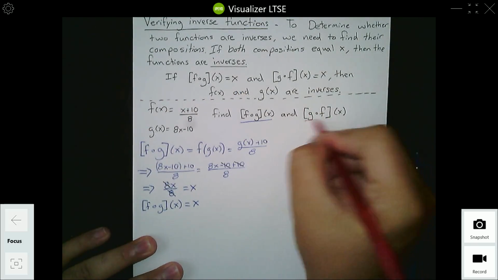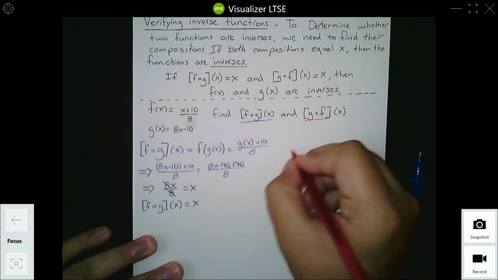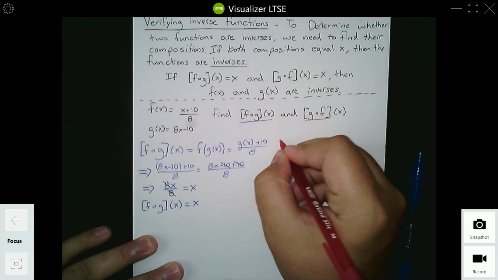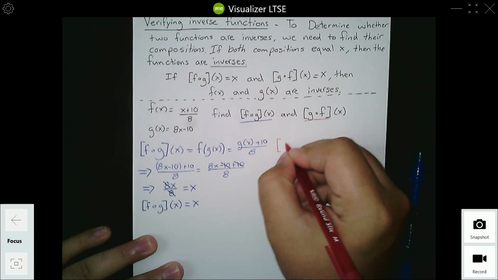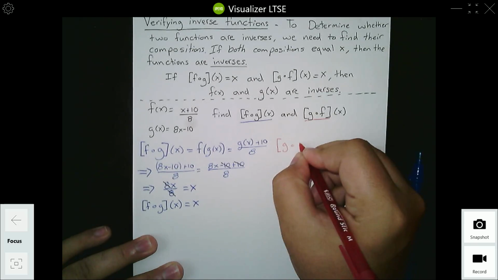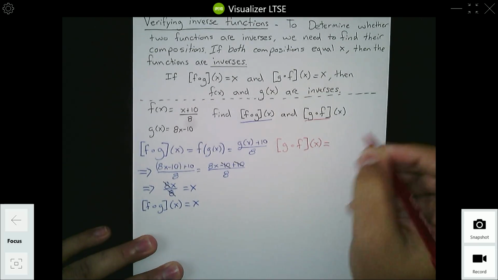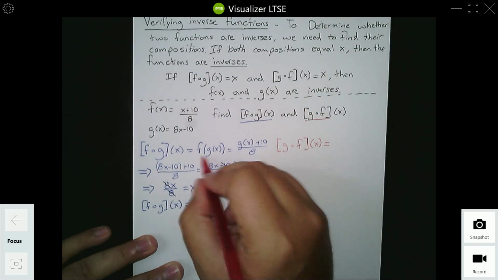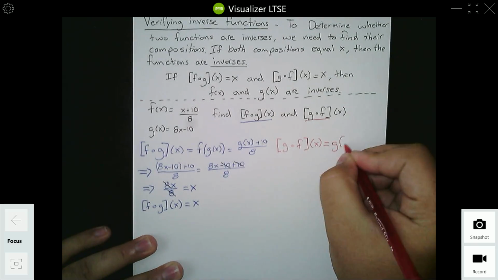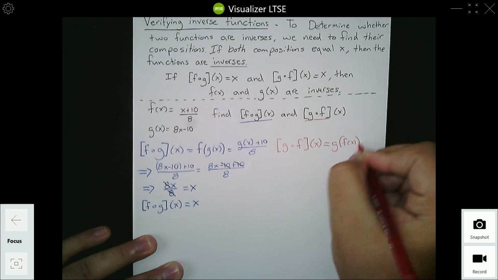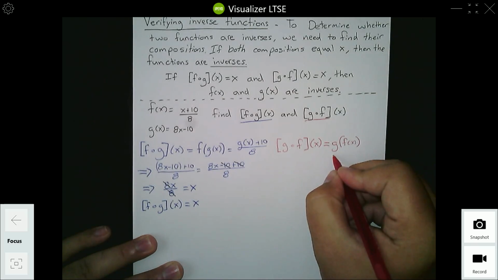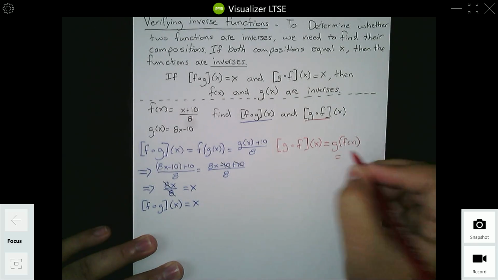I'm going to do g of f of x. I'm going to try to do this one, and see if I have enough space for it. g of f of x is equal to, I can rewrite that one as well to be similar to this one. We'll have enough room, so I'm going to come down a little bit.